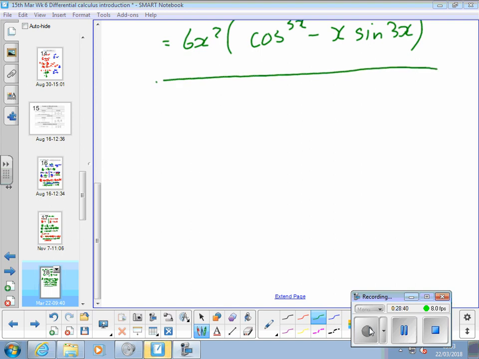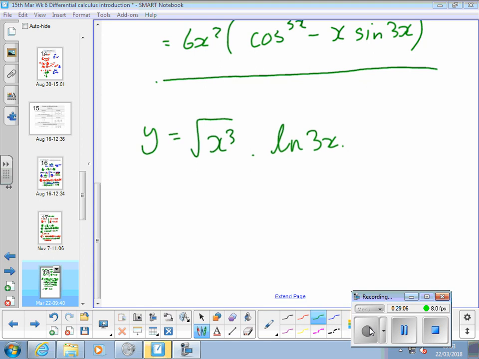Alright? So this second example is y is equal to the square root of x cubed, as a function of x, multiplied by ln 3x, another function of x.